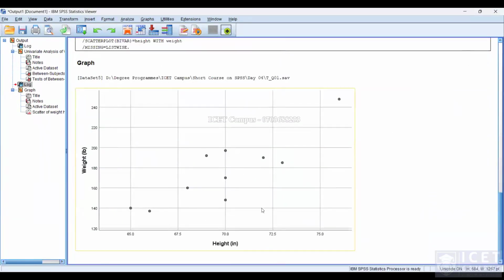So here, if you observe the shape of the graph, we can see there is a positive correlation, right? It is not very strong, but I think if you observe the shape of the graph, it is approximately a moderate positive correlation. So we cannot exactly predict by looking into the diagram.